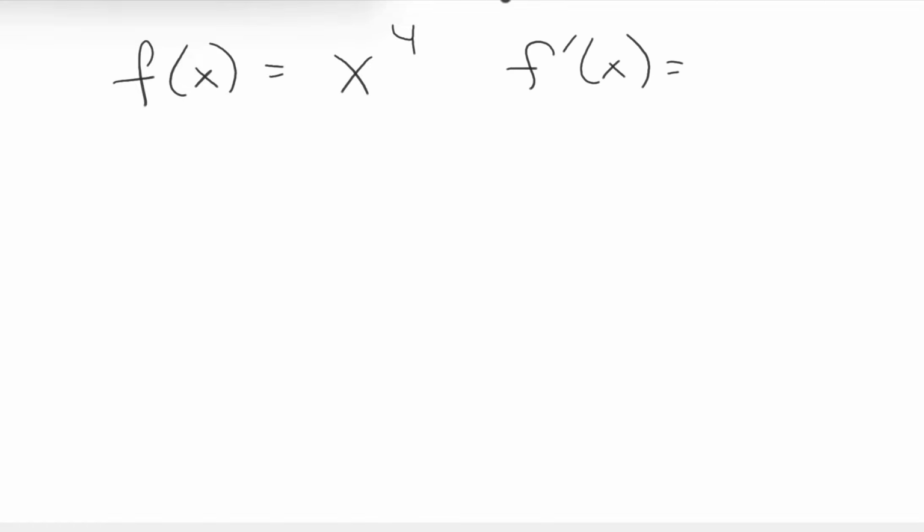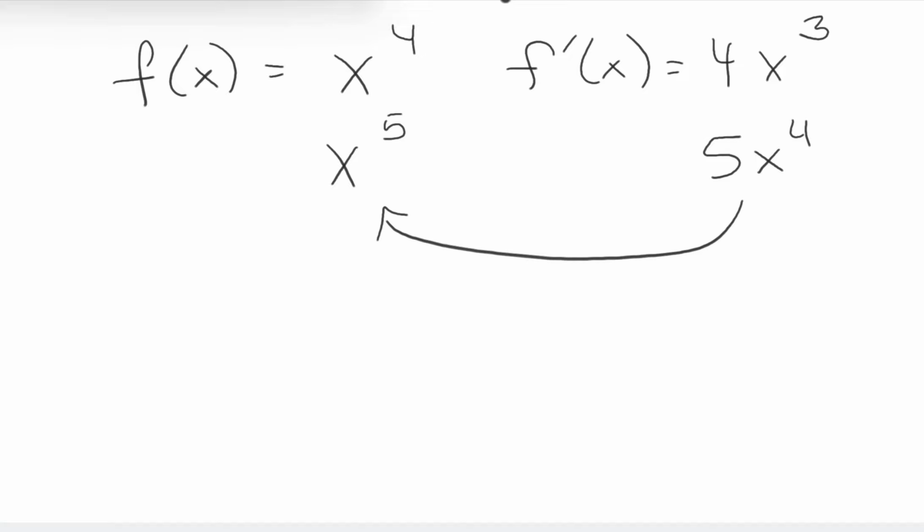Very, very close. So if I had x to the fourth, f prime of x would be 4x to the third, right? If it was x to the fifth, it'd be 5x to the fourth.